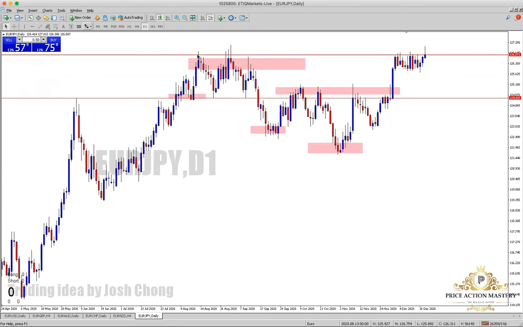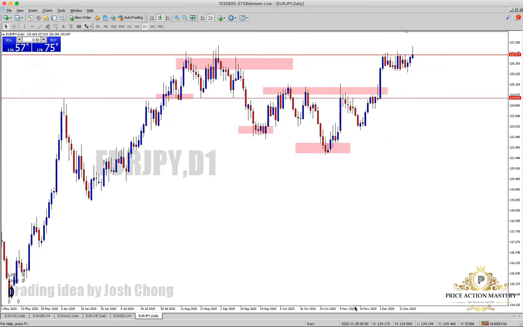So there's a possibility of the market dropping soon. But until now, the buy market is still in upside exposure. So you can choose to buy here. I'm not going to do any sell trade until the market is able to close below.